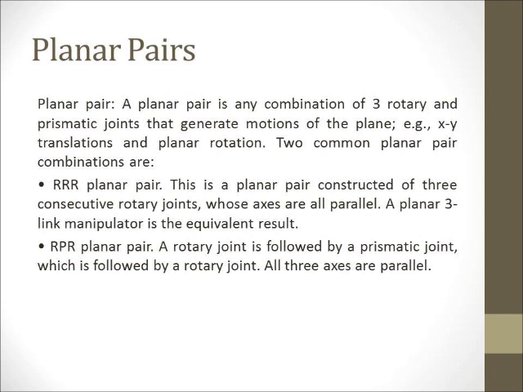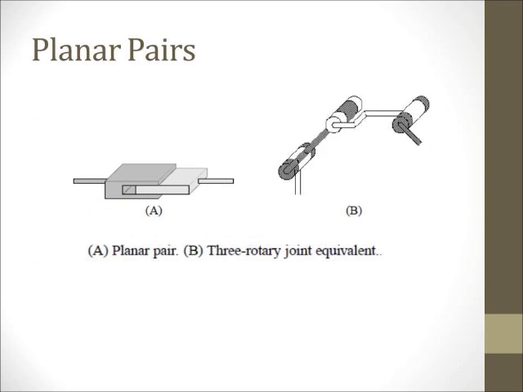A planar three-link manipulator is the equivalent result. RPR planar pair: a rotary joint is followed by a prismatic joint, which is followed by a rotary joint. All three axes are parallel. You can see here the planar pair, and in B the three rotary joint equivalent.